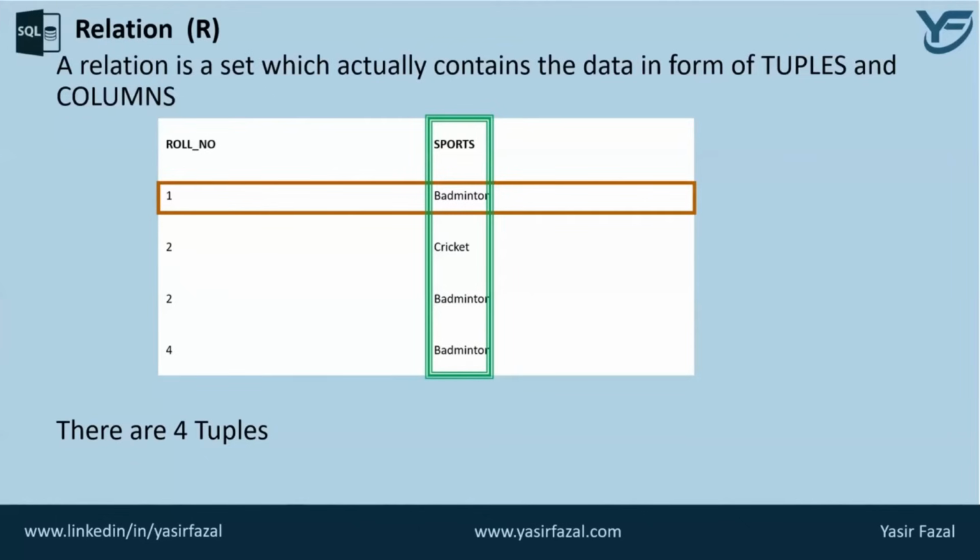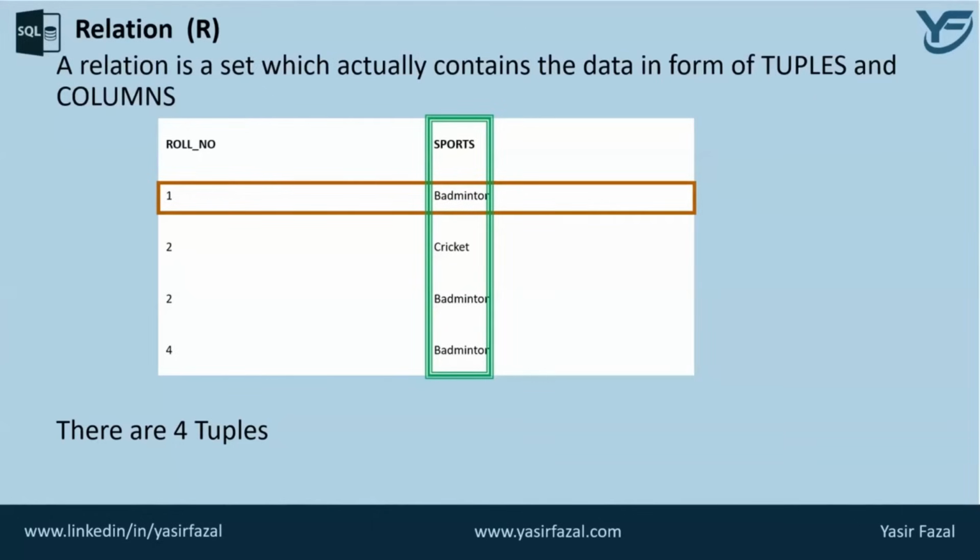The first roll number is with badminton, the second one is with cricket, the third one has the value of second in the roll number and badminton under the sports column, and then roll number four makes a tuple with badminton, right?